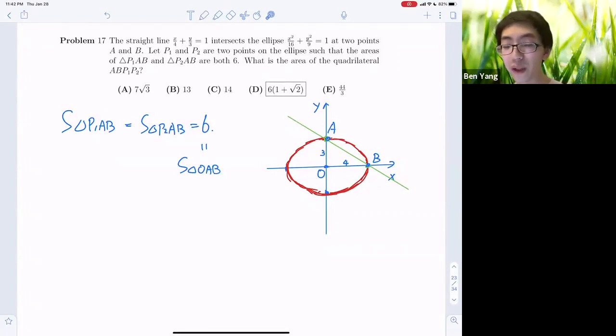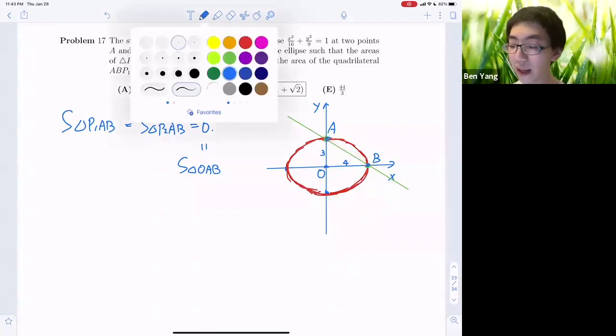Okay, now we know where P1 and P2 are, because since the area of those three triangles are all the same, we know that the distance from O to the edge AB should be the same as the distance from P1 to AB, which is the same as the distance from P2 to AB, which means the line O, P1, P2 should be parallel to AB. So that's how we got our points P1 and P2.